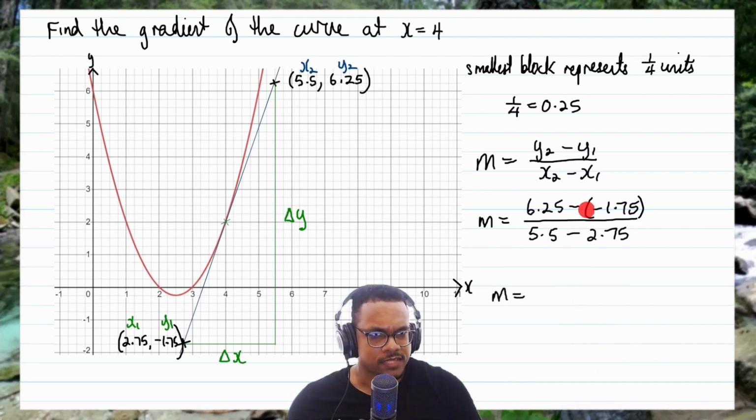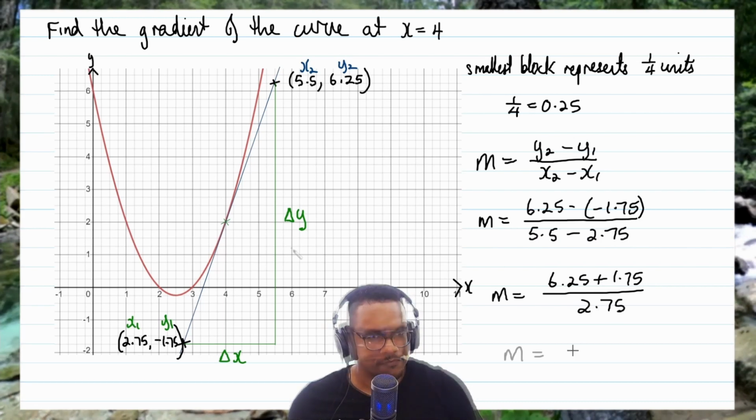So these two negative signs here, you multiply them, you get a positive sign. So I'll have 6.25 plus 1.75 divided by, so 5.5 take away 2.75 is equal to 2.75. And 6.25 plus 1.75 is equal to 8.